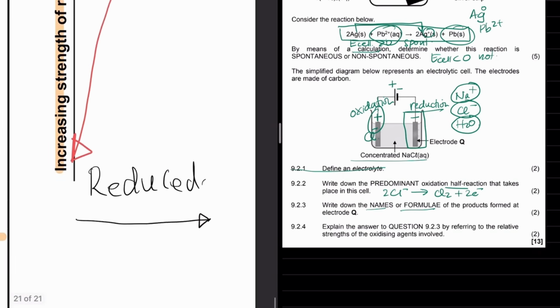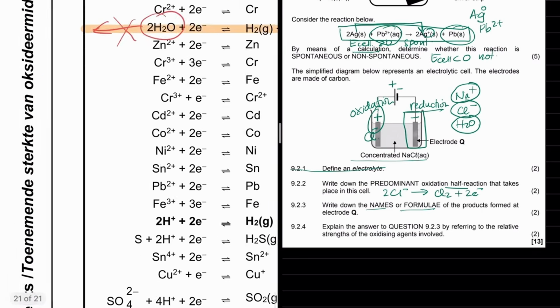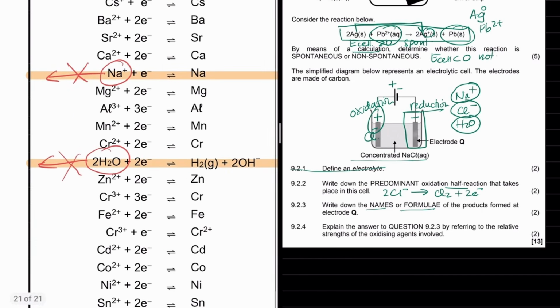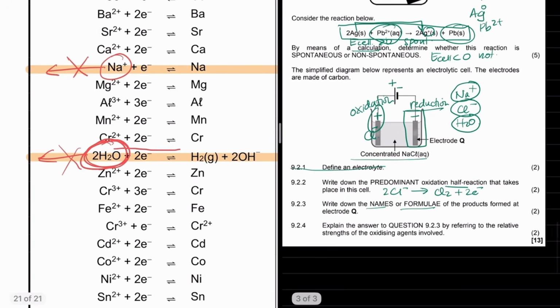The one that's lower is the one that's going to be reduced. So the one that's going to undergo reduction is going to be the H2O. Since it's lower down compared to the Na+, this is the one that's going to undergo reduction. This is going to go this way and you're going to form H2 gas. So they want to know what are the products formed. You're going to form H2 gas, hydrogen, and you're going to form your hydroxide ion.